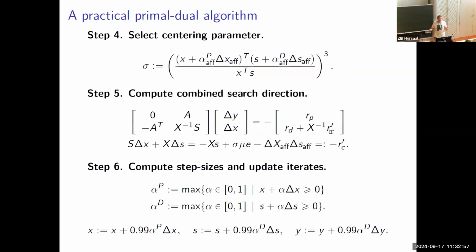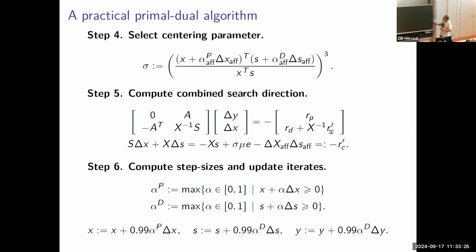So the next step in this practical method, which is in some way completely ad hoc and just works remarkably well, is to choose an adaptive centering parameter. Most often it's defined something like this. It's an experimental rule, so different solvers might modify it.